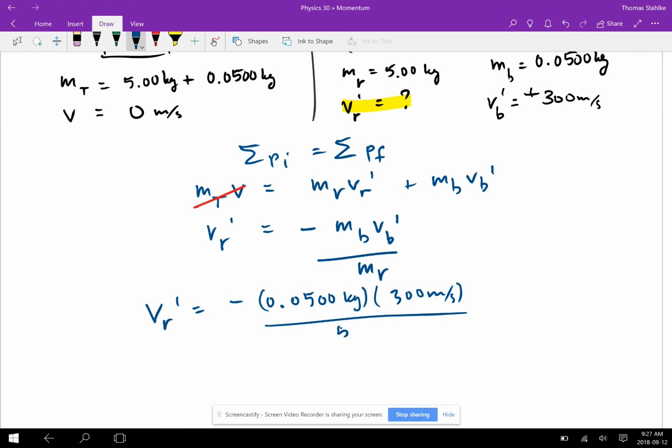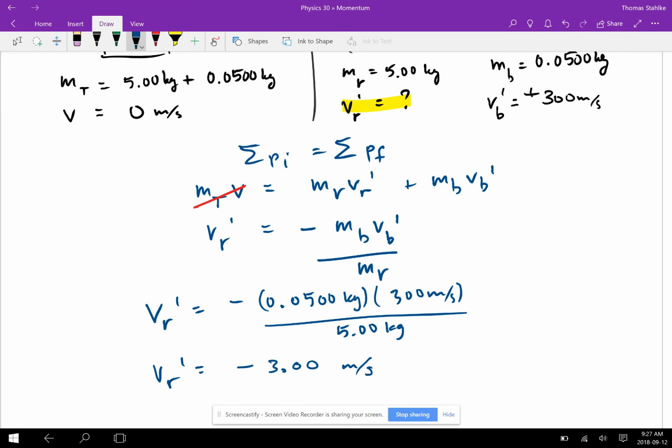And then the rifle is 5 kilograms. So the velocity of the rifle is 0.05 times 300 divided by 5. So this is negative 3.00, and my units were meters per second.